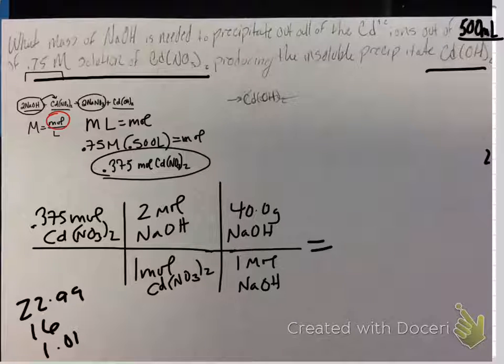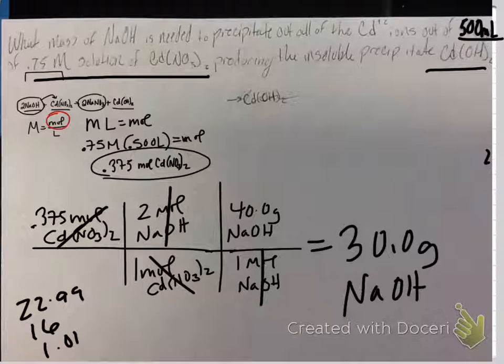Okay, so at this point, we cancel moles of cadmium nitrate, cancel moles of cadmium nitrate, cancel moles of sodium hydroxide. We're left with grams of sodium hydroxide, and that's what the problem's asking for. Raw answer, we need about 30 grams of sodium hydroxide to get all of the cadmium ions to precipitate out, to get all of the cadmium out of the solution.